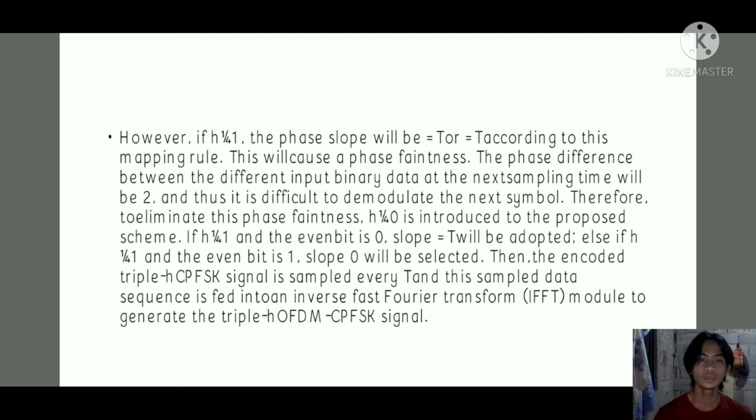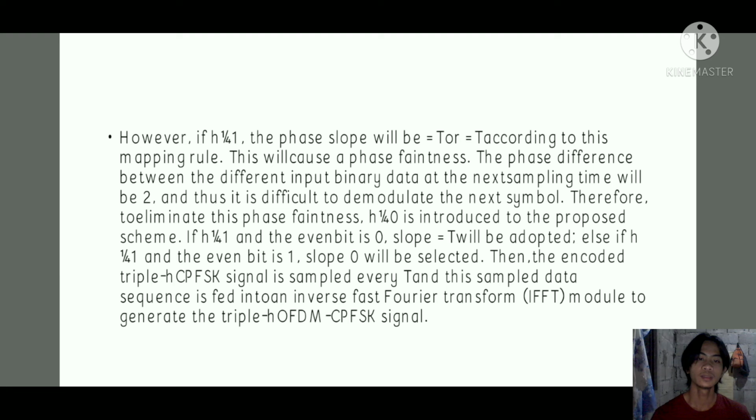Therefore, to eliminate this phase ambiguity, h1 of 0 is introduced to the proposed scheme. If h1 is 1 and the even bit is 0, slope t will be adopted. Else, if h1 is 1 and the even bit is 1, slope 0 will be selected.